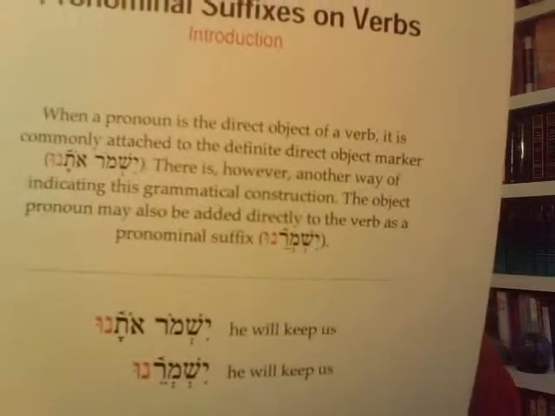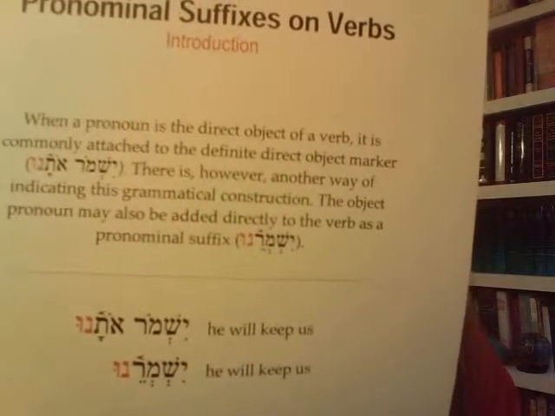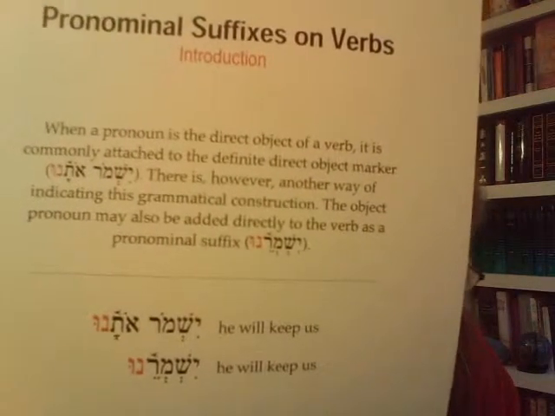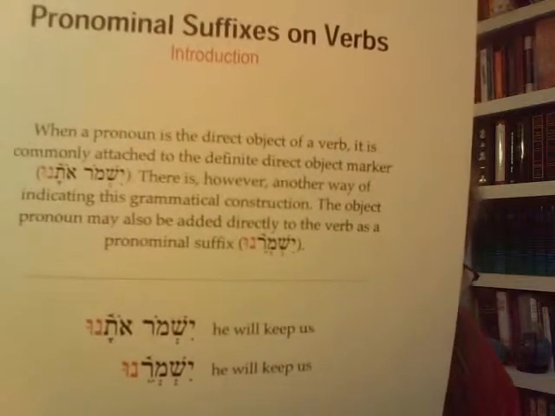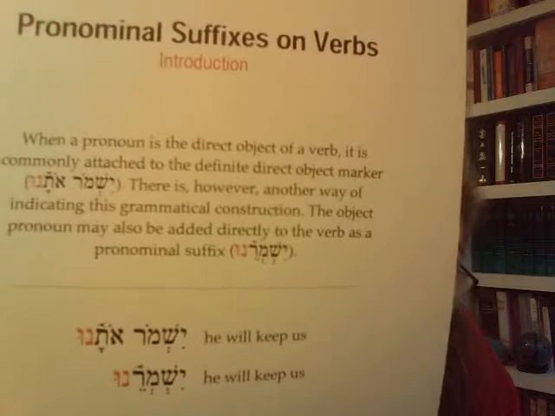You have a definite direct object marker in the first one: he will keep us. Or in Hebrew, you can put it all together: yishmorenu. It's directly attached to the verb. He will keep us. Both have the exact same translation value, but they can be written in two different ways.